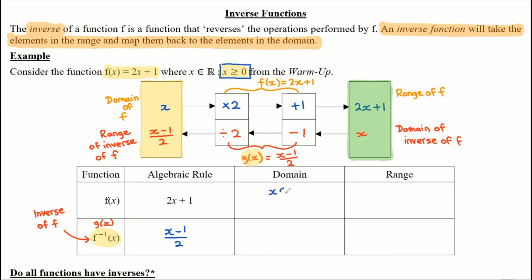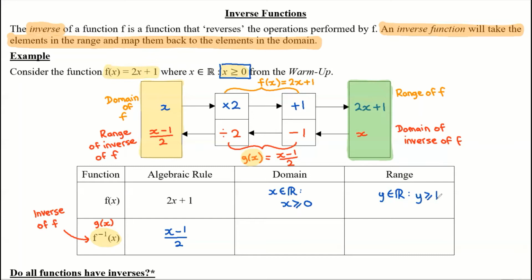So it's a real number, but the restriction is that it has to be greater than or equal to 0, according to this. And what was the range that we got out of it? Well, we plotted it on the graph in warm-up question 2. The range that we got was that you get a y value, but the y value would be greater than or equal to 1.